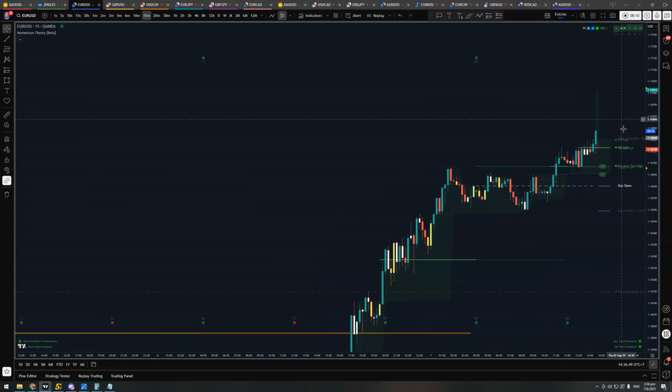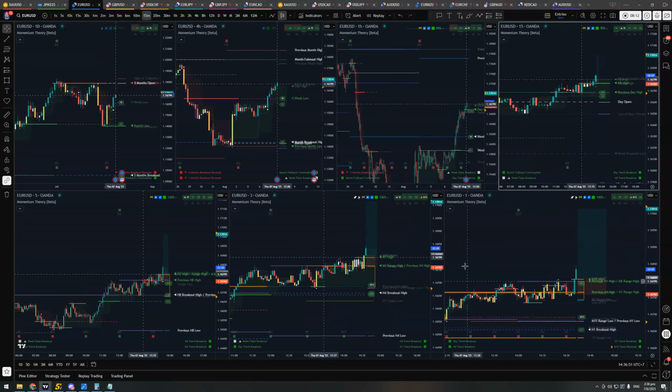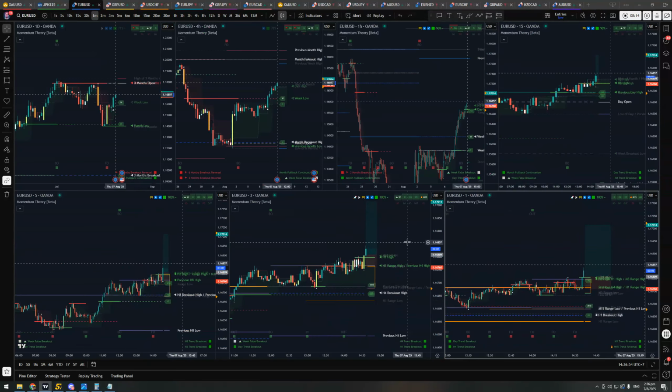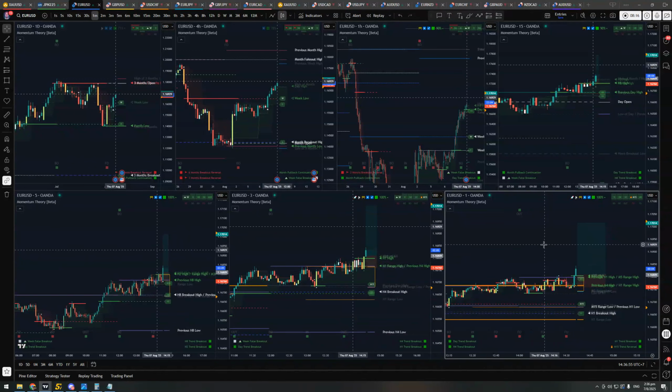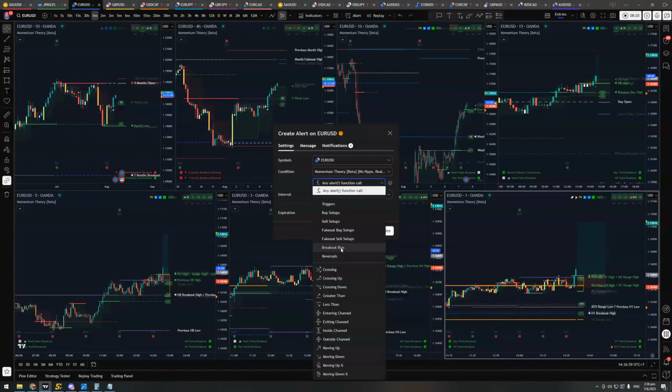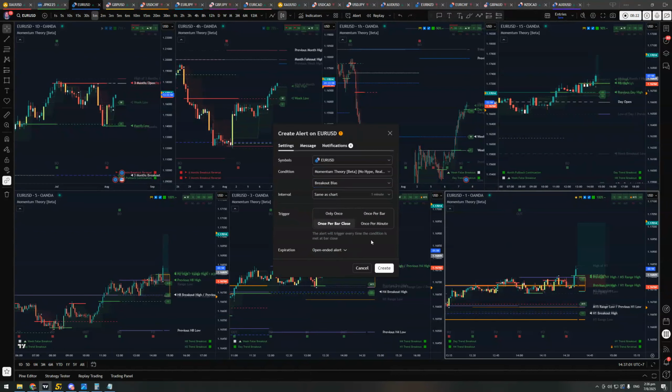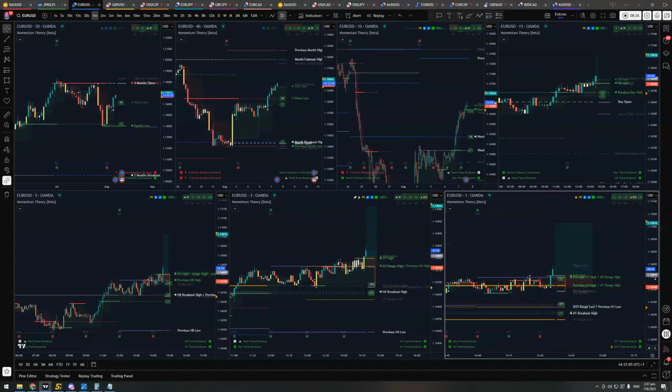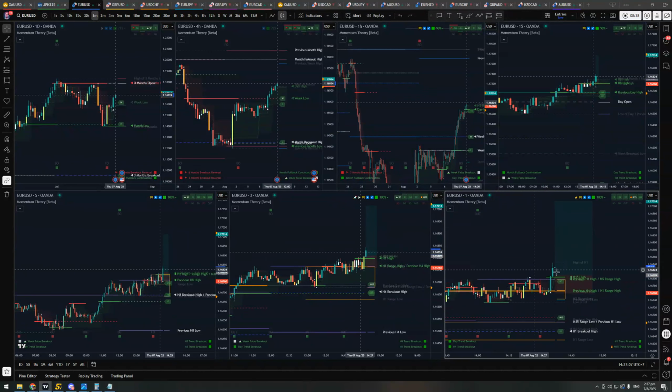Yeah, okay. Don't see much. Just going to let this go. And I want to know when the breakout bias flips. So that's when the breakout level of the M1 flips.